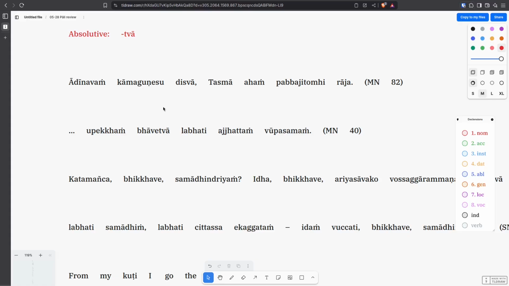I recognize tasma. It's like a conjunction. And pabbaji, it's like going forward. Going forward, that's right. And raja. Tasma literally means from that, but the meaning is therefore. Exactly, in English you say therefore.